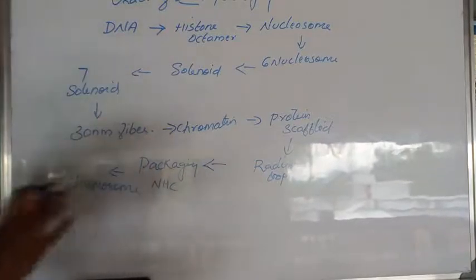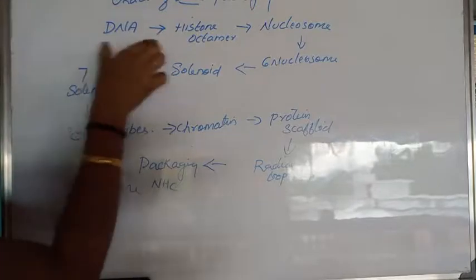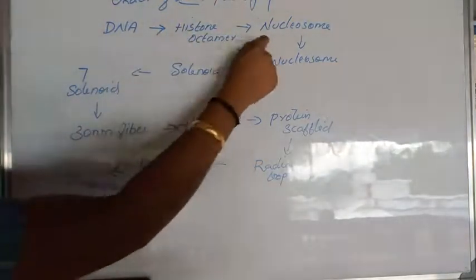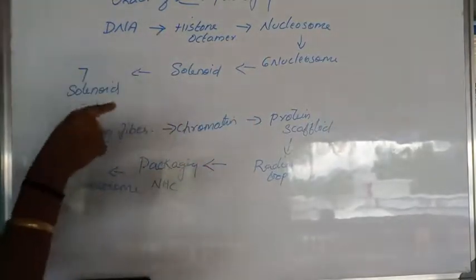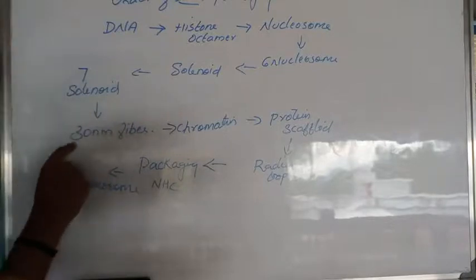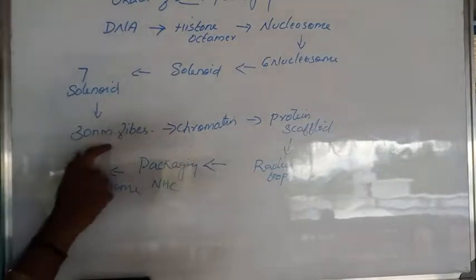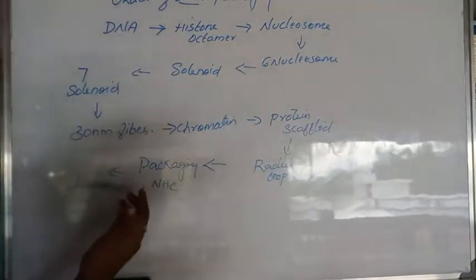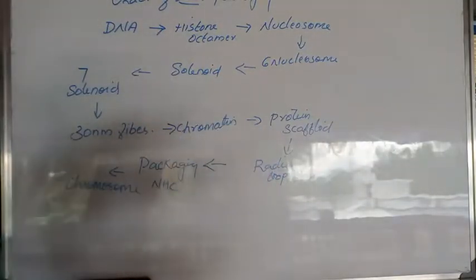So from DNA, how does it reach the chromosome? First, DNA twists around the octamer and becomes a nucleosome. 6 nucleosomes together form a solenoid. 7 solenoids together are further condensed to form a 30 nanometer fiber. Then this 30 nanometer fiber becomes the protein scaffold.